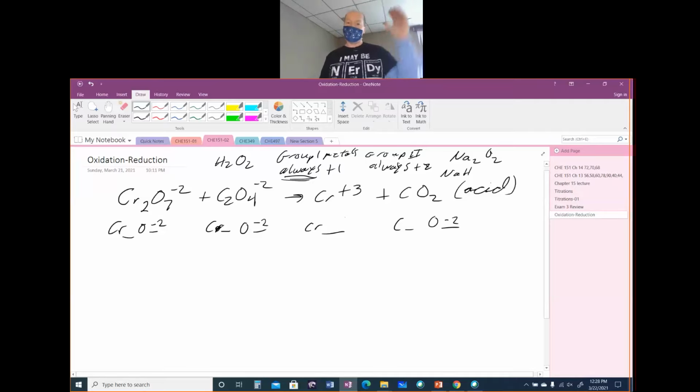The alkaline earth metals, group 2 on the periodic table, always +2. So if you had, let's say, MgO2, we did the experiment, we made magnesium oxide, it's MgO, because Mg is +2 and oxygen is -2. What we know for sure is Mg is always +2 because it is an alkaline earth metal.